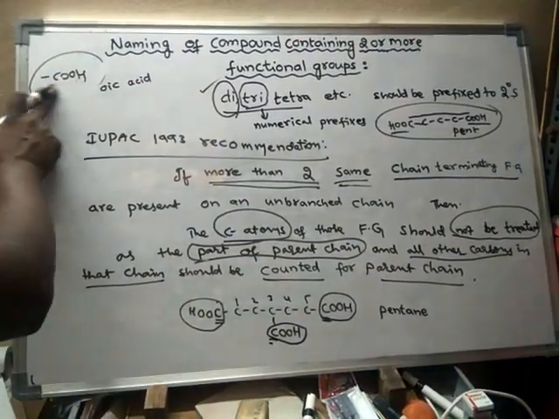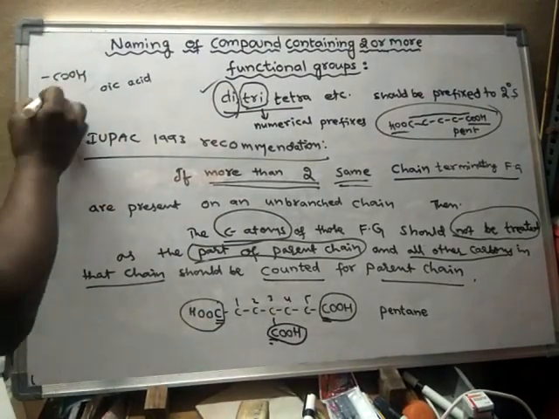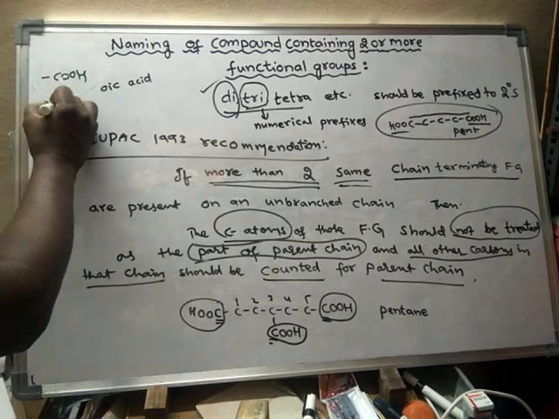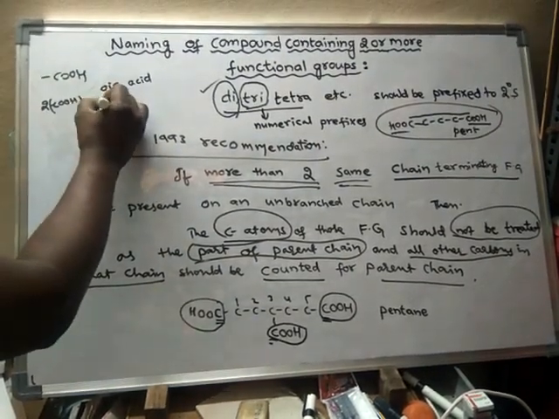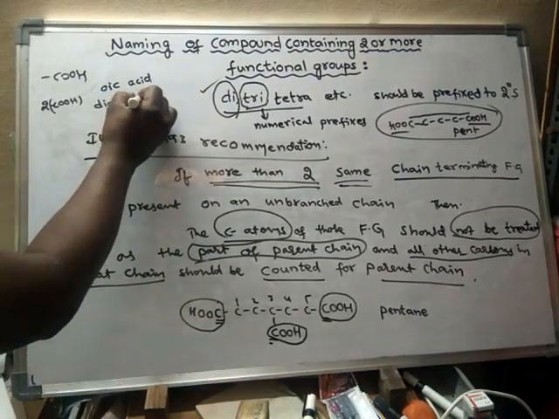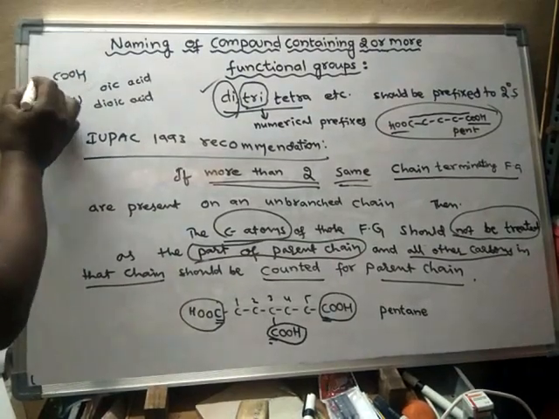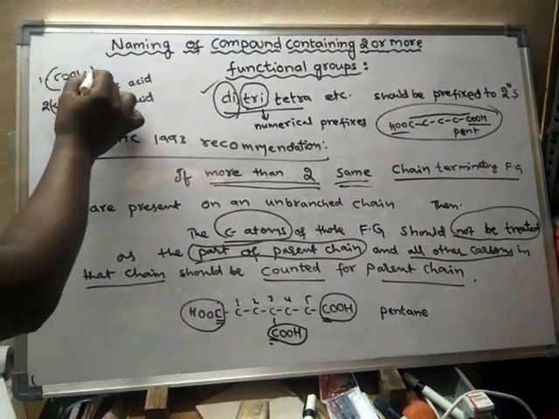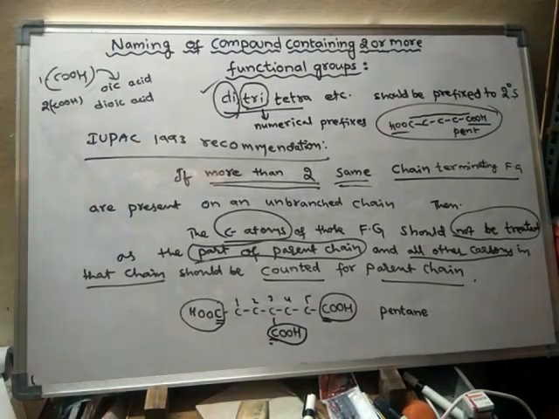If there is only one COOH group, then we have to write oic acid. If there are two COOH groups, we have to write dioic acid.